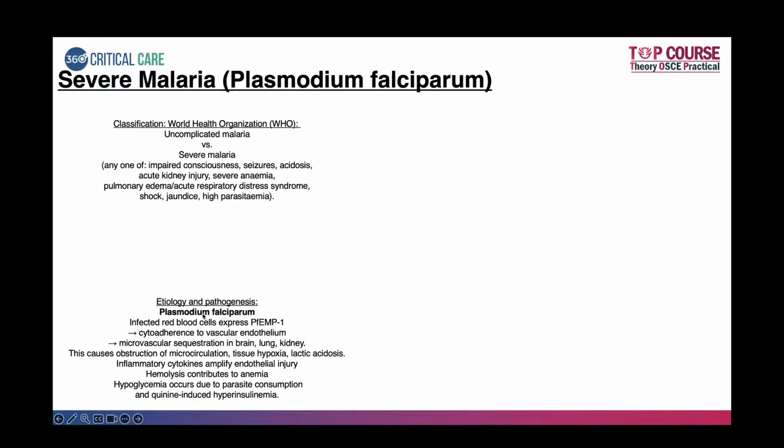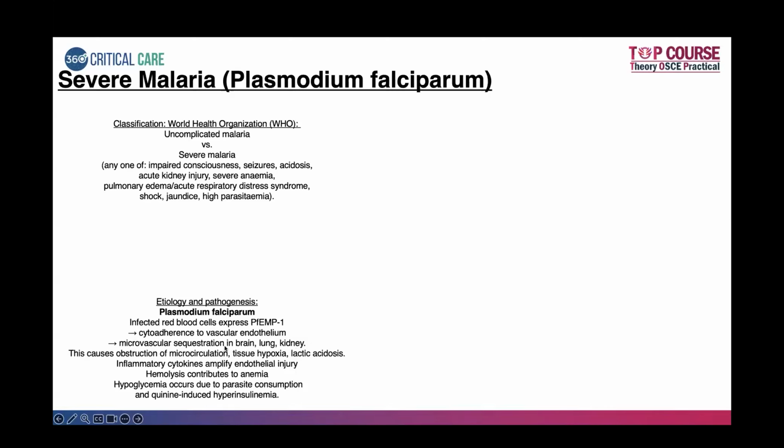So, coming to Plasmodium falciparum, the infected red blood cells express PfEMP1. So that leads to cytoadherence to the vascular endothelium, leading to microvascular sequestration of the RBCs in the brain, lung, kidney. So because of this, there is obstruction of the microcirculation, which leads to tissue hypoxia, which leads to lactic acidosis.